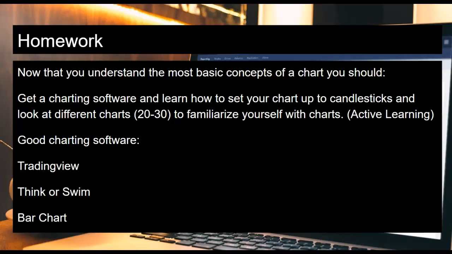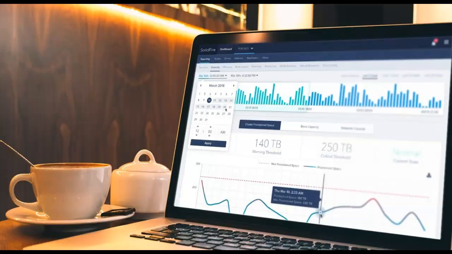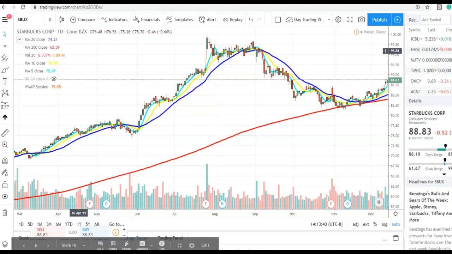And then on top of that, I want you to definitely put it on a candlestick and just look at that chart like we just did. Okay, just go through and say, okay, look at how this move happened and what kind of candle presented it.